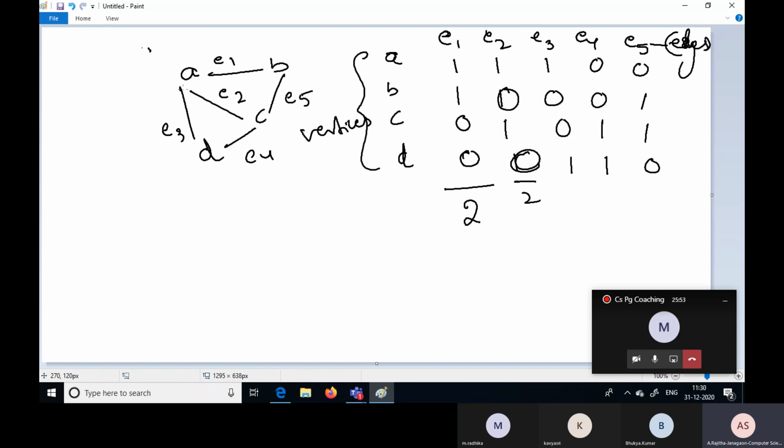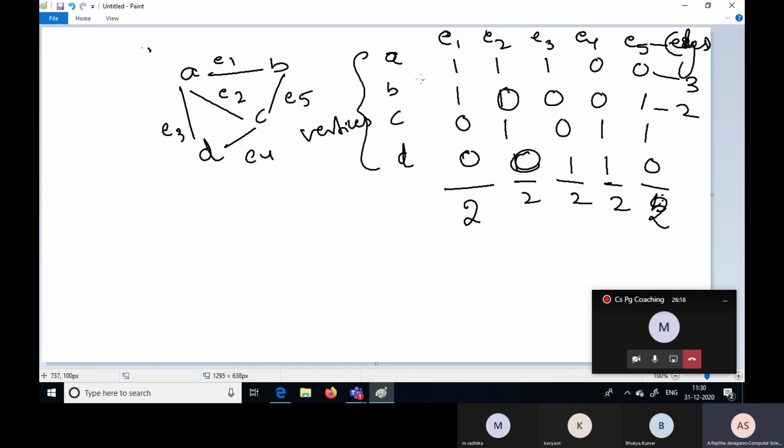And E3 edge is between A and D. And here the E4 edge is between D and C. And coming to E5, edge between C and D. If you observe this, it gives the degree.